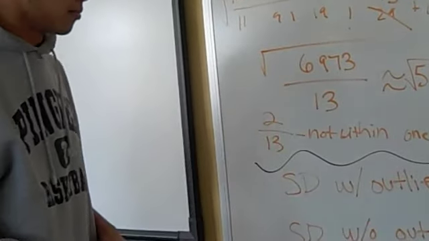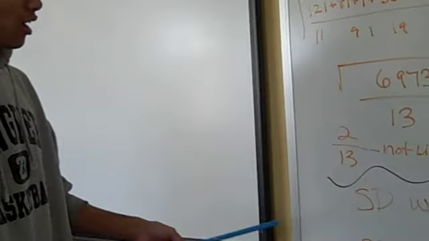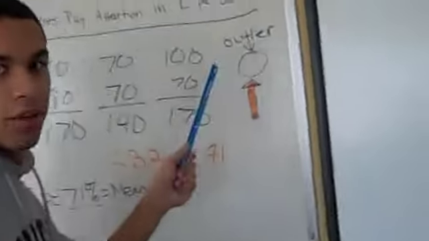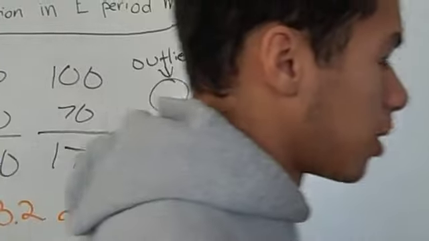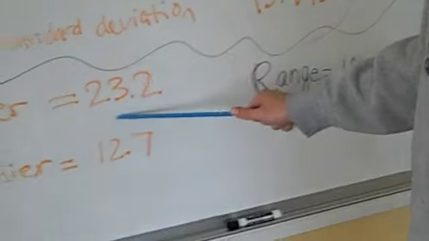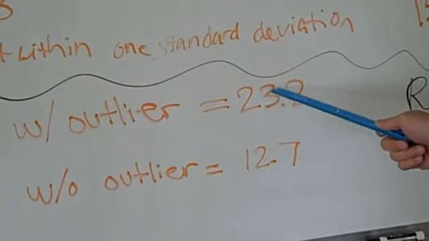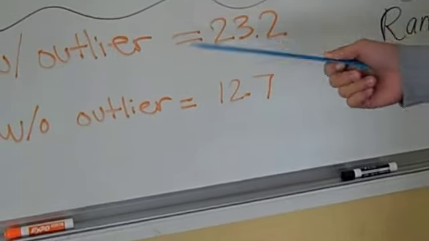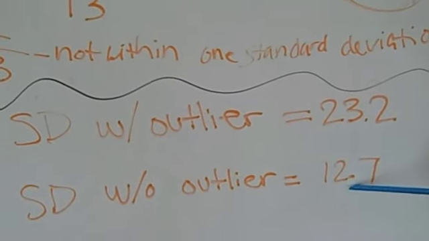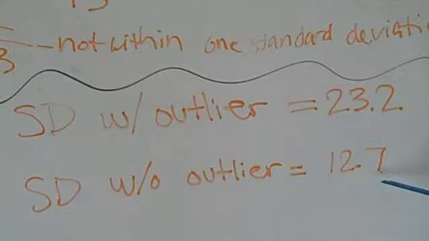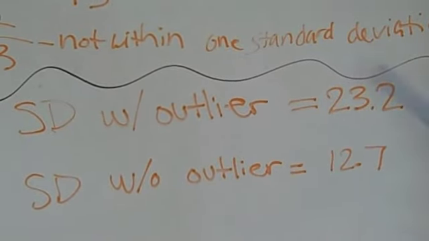So here's some extra things. Like I said, 0 was our outlier. I said we'd come back to it later, so now we're going to talk about it. Back to this board. As we said earlier, the standard deviation of our first set of numbers was 23.2, and that was with our outlier. And without the outlier, it makes a huge difference. As you can see, we redid the standard deviation without 0, and it came out to 12.7.